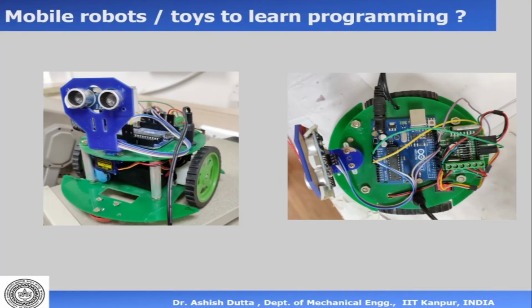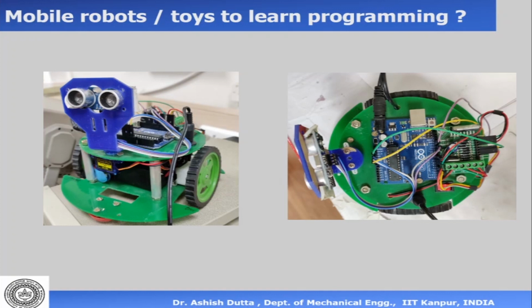Now, those of you who have been in robotics clubs in your schools or colleges know there are a lot of mobile robots being sold today. In robotics clubs, normally students make this kind of mobile robot, and you can also buy them in malls. Various malls sell different kinds of toy robots.